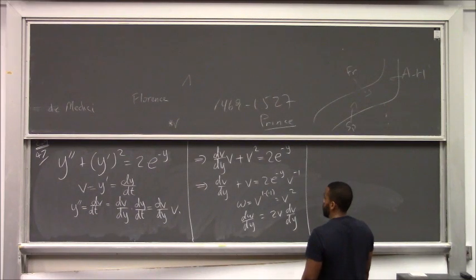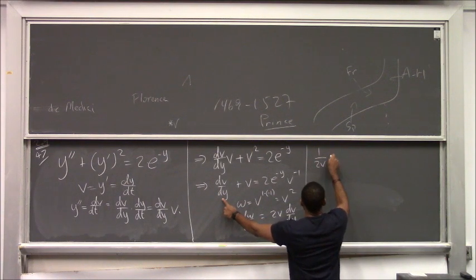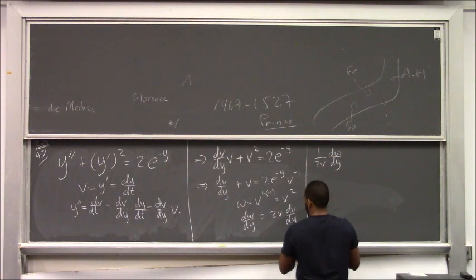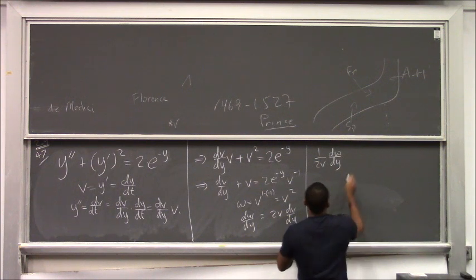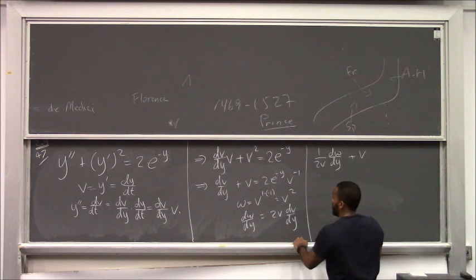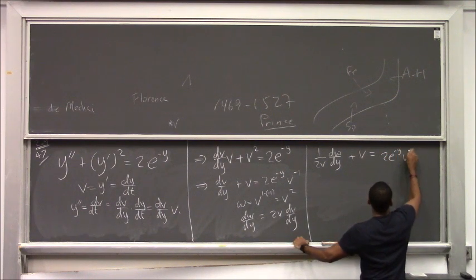The dv/dy was the 1 over 2v dw/dy. I already divided through by the v. And then we have this 2e to the minus y times v to the minus 1.